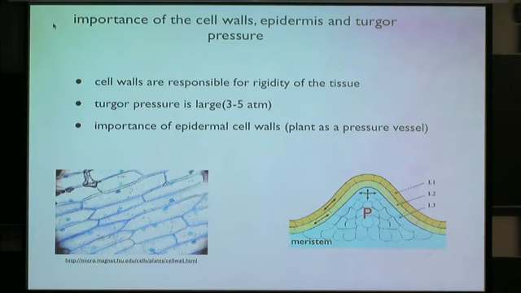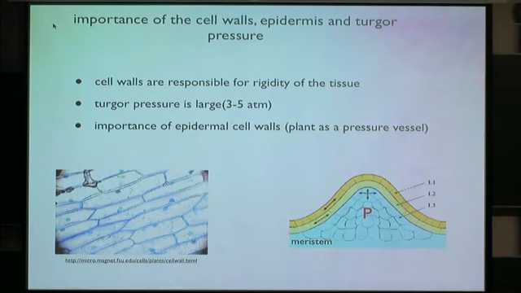Actually, the cell walls are the main responsible component in the rigidity of the plants. And this rigidity comes from the fiber networks inside the plant cell wall. And another very important thing is this turgor pressure that, unlike the animal cells, is around 3 to 5 atmospheres, and you can imagine that is huge.